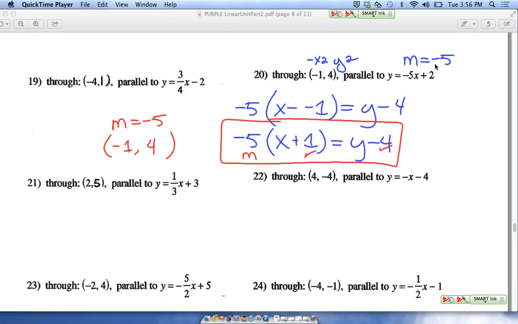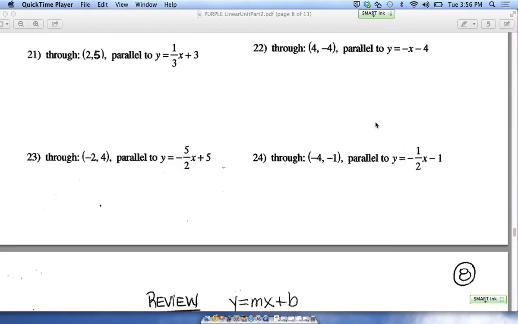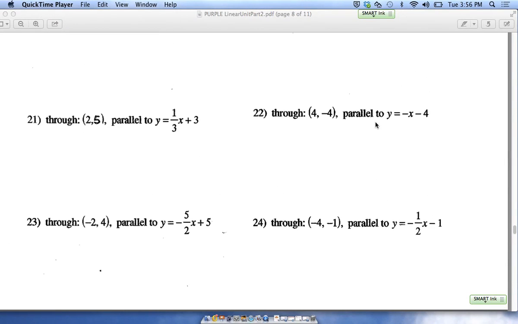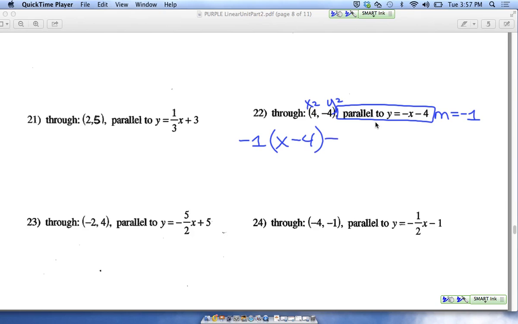Let's do one more together on the video, and then you can finish the rest for homework. So let's do number 22. I would like a line that's parallel to the given. The slope of the given line is -1, and I'm going through the point (4, -4). So arranging it into the model, I would have -1 times x minus 4 equaling y minus -4.